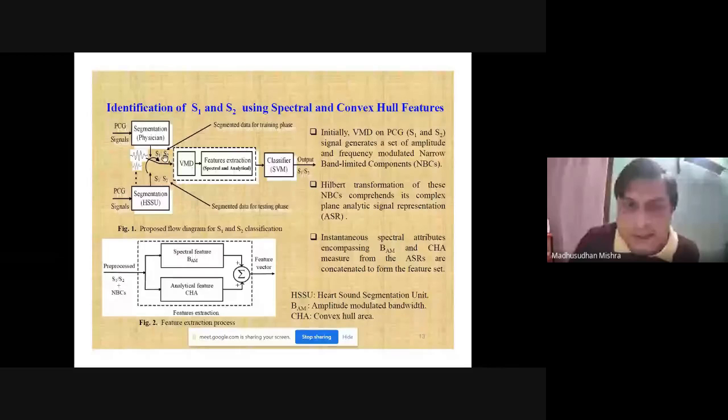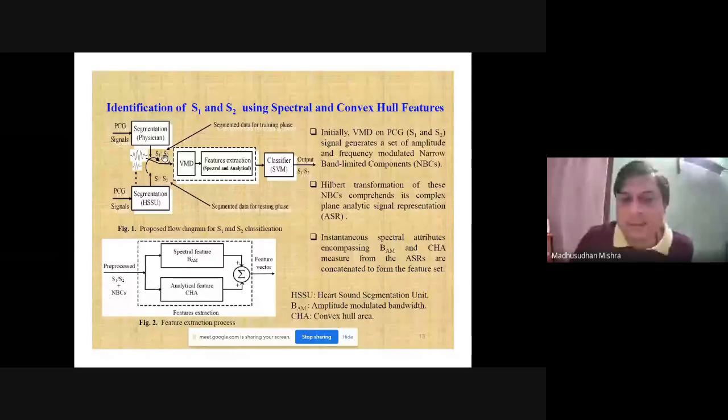This variational mode decomposition decomposes the signals into different modes. We have kept the minimum number of modes here, that is 2. So when either S1 or S2 is fed to variational mode decomposition, it decomposes the signal into 2 modes.